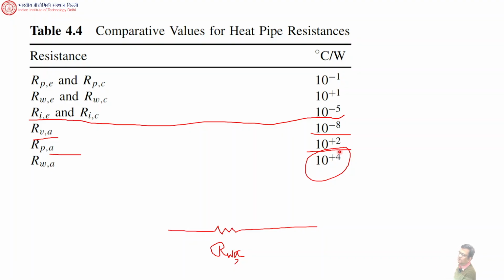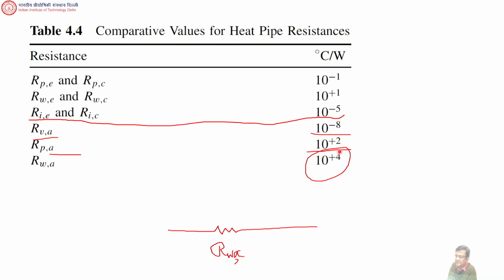Of course, these are numbers I've got from the table, but I'm just trying to understand why these numbers are like this. Why some of these numbers are large, some of these are small. RPA has a much larger value of the length dimension, no? That heat flow has a much longer path, so the thermal resistance is higher.